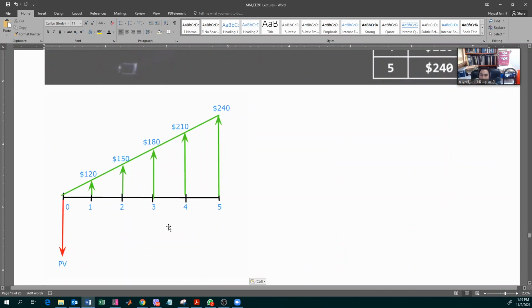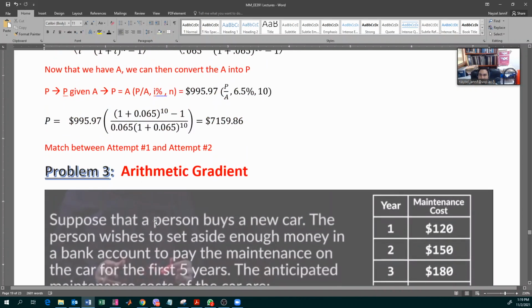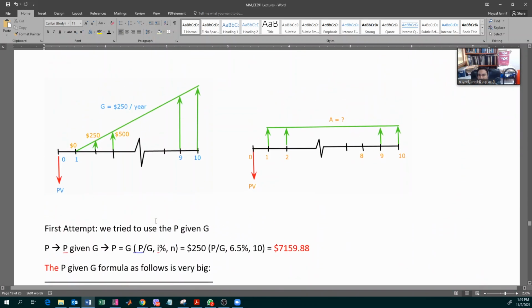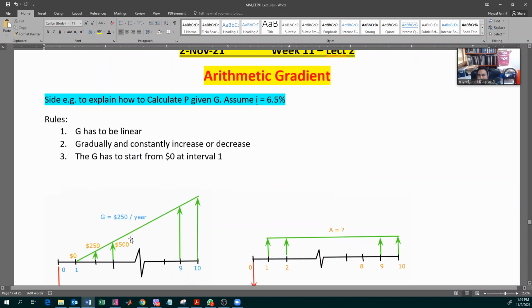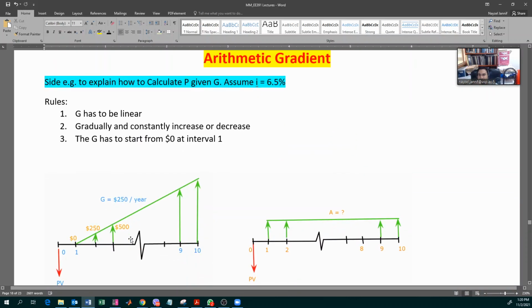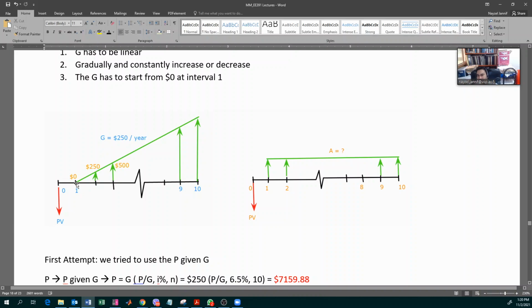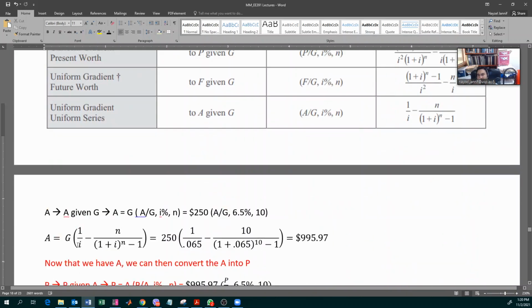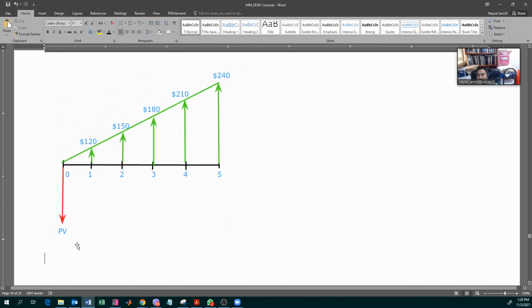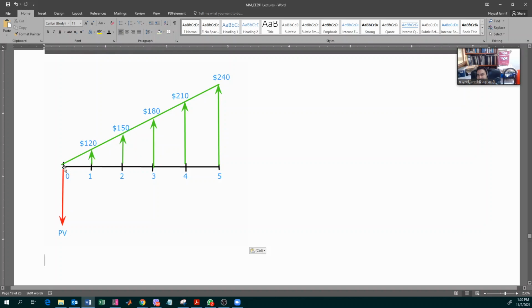If you look at this cash flow diagram, what did we find? We said that it's going to start at 1. But where is this one starting? It's starting at 0.